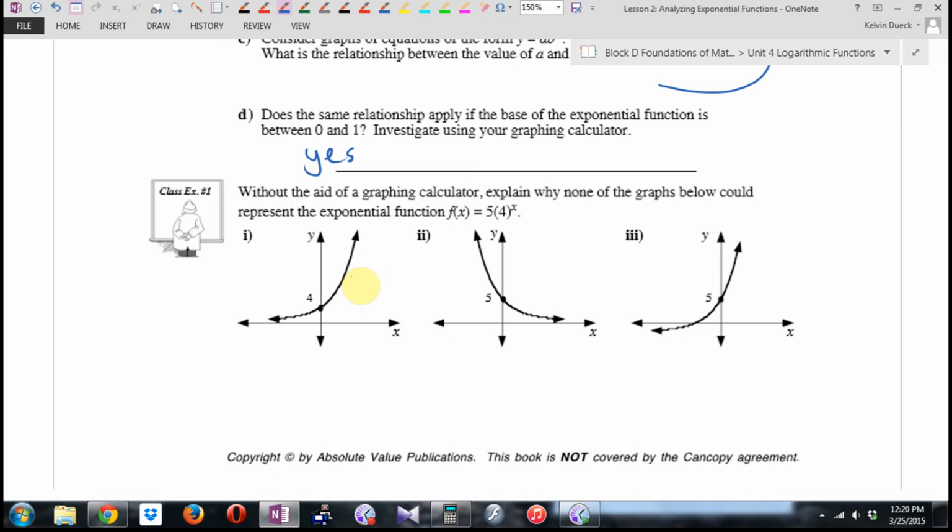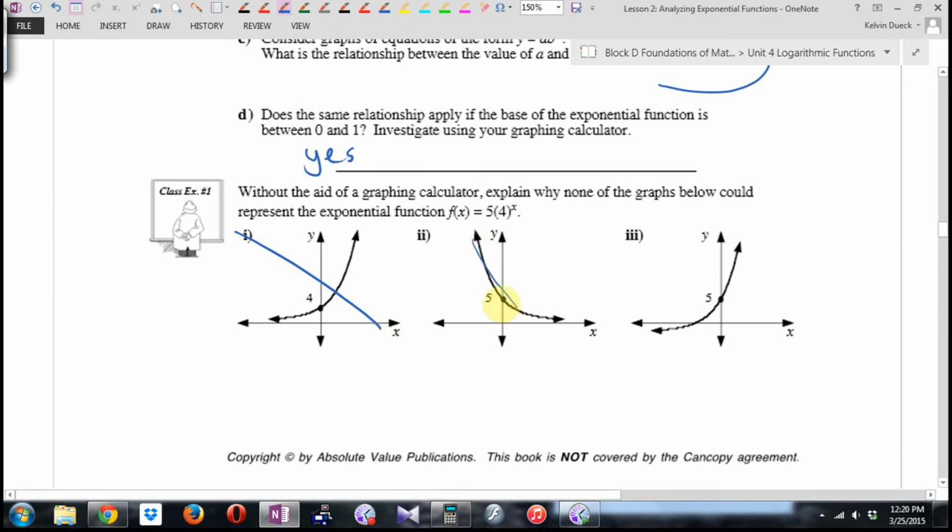So which one must be wrong? You did these as a process of elimination. Which one of these has to be the wrong answer? Okay, so you cross that out. Could the second one be that graph? No, because it's a decay graph. It's getting smaller.